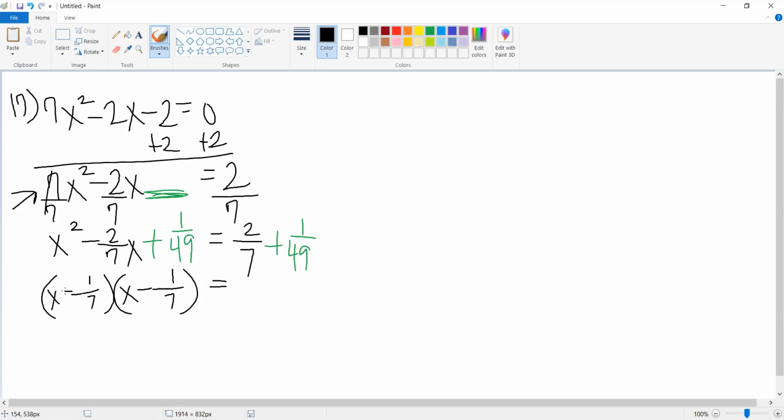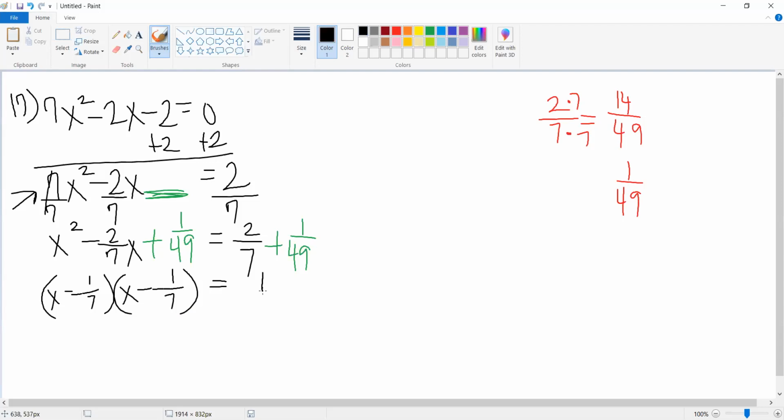On the other side, we need to get a common denominator. So the common denominator is 49. Really, all we're doing is rewriting 2 over 7 as something over 49. 7 can go into 49 7 times, and 2 times 7 gives you 14.